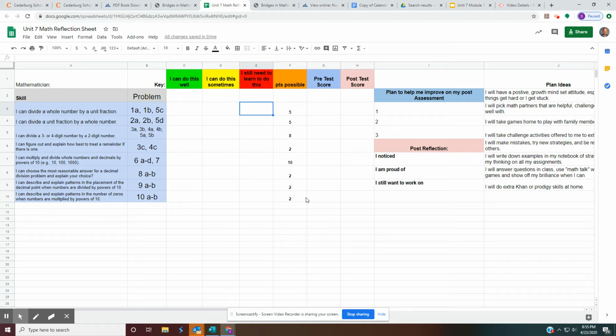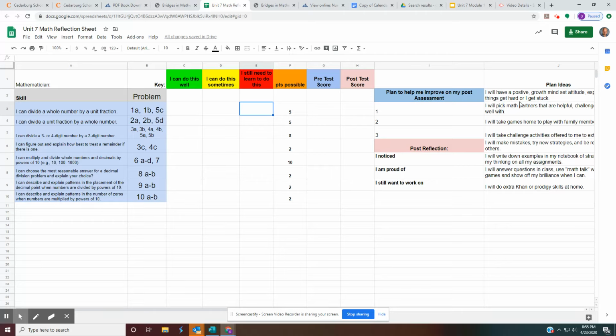All right, pretty simple. When you're done, let's go ahead and develop a plan to help me improve on my post-test assessment, right? You're going to put all your test scores right down here. So what are some things that you're ready to do to make sure that there's improvement from your pre-test to your post-test?